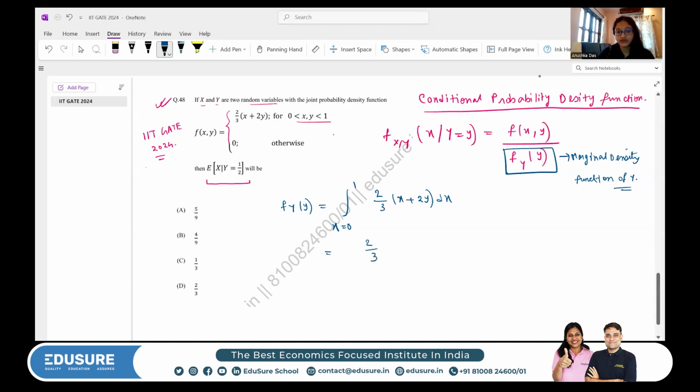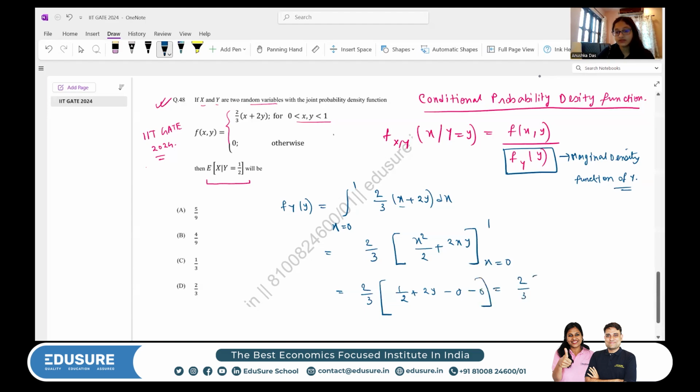So let us find that out. Take this 2/3 out, and here what you have is x. So x squared by 2, and if you integrate 2y, it will be 2xy. And you have to apply this range. If you put 1 here, it will be half. Put 1 here, it will be 2y. Put 0 here, it will be 0. Put 0 here, it will be 0.